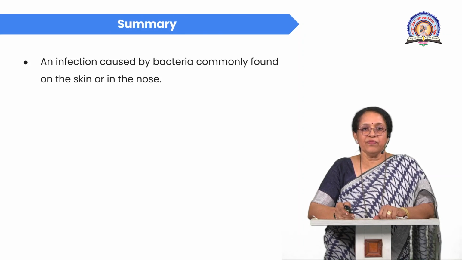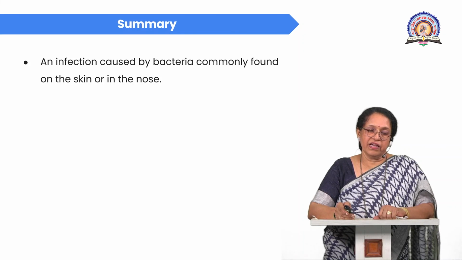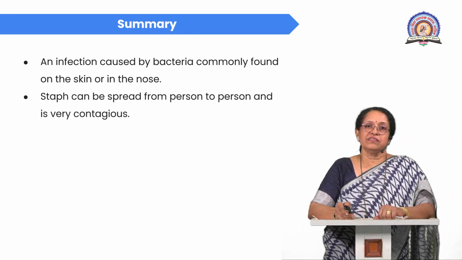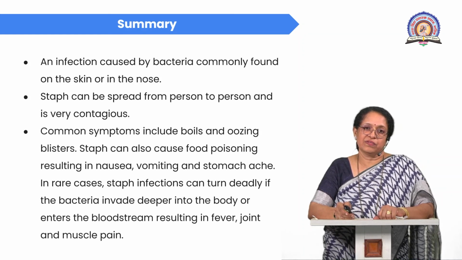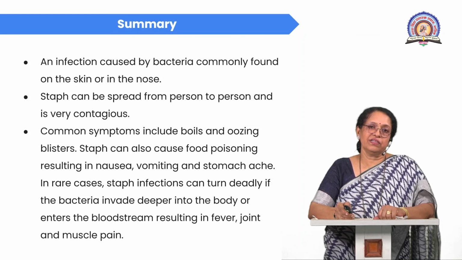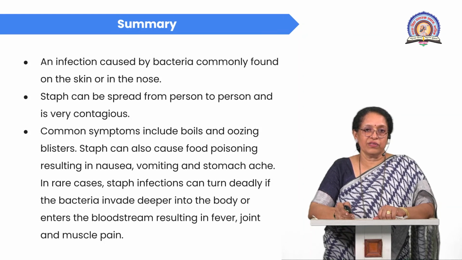This is mainly found on skin or in the hairs, and it acts as an opportunistic pathogen. That is, when they get a chance, they cause infection, can spread from person to person, and it is a highly contagious microorganism. Upon their entry into the body, depending upon the areas of entry, you can see symptoms.